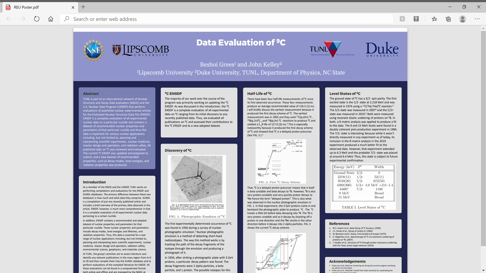Since then, there have been 4 half-life measurements of Carbon-9, but I really want to focus on the earliest measurements because they produced the first decay scheme of Carbon-9. What made this so interesting was that it showed that Carbon-9 was a delayed proton precursor.